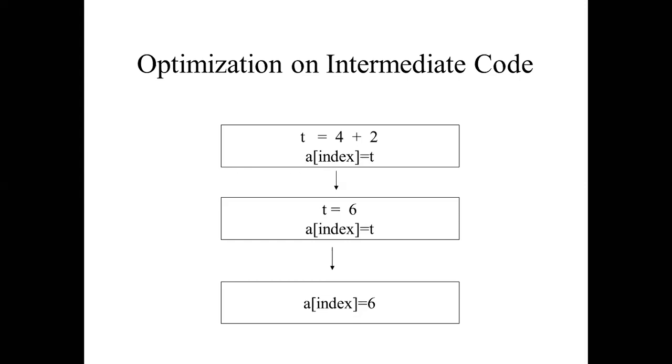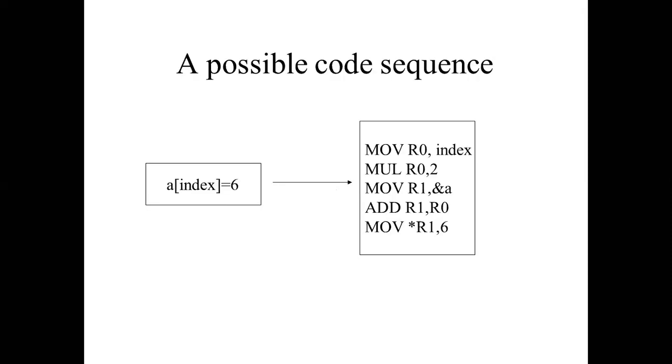Earlier it was long, but now we can write A index is equal to 6, and the output will not alter; it will remain the same. With the help of this, we can change a long expression into a small expression and the output remains the same. Such techniques are called optimization techniques.